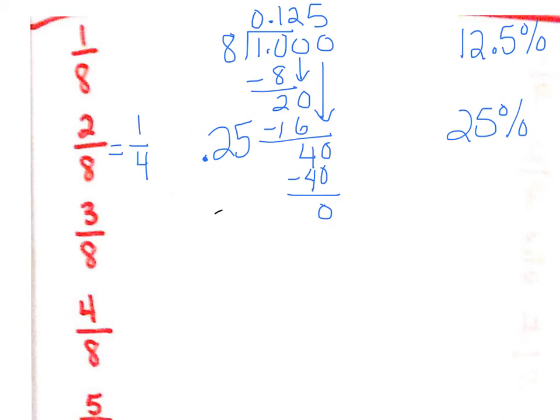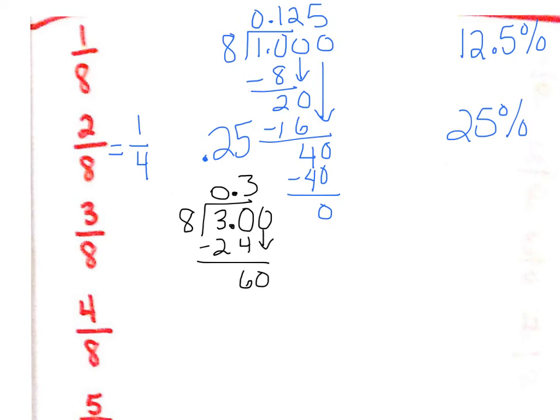The numerator goes in the box. 8 goes into 3 0 times, so we have to add our decimal and 0. Bring your decimal straight up to the answer. 8 goes into 30 3 times. 3 times 8 is 24. Subtract and bring down. 8 goes into 60 7 times. 7 times 8 is 56.